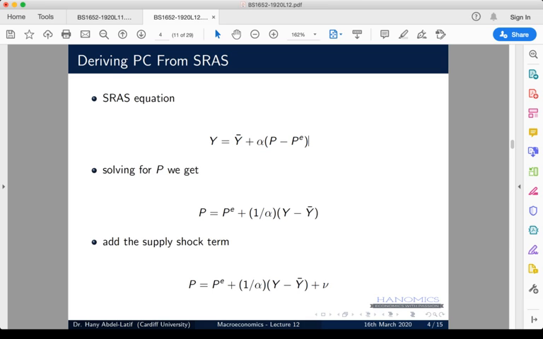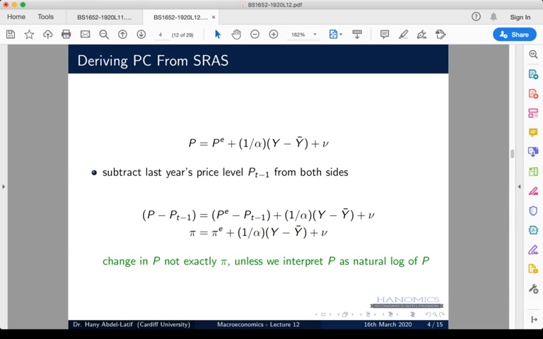and then you introduce the supply shock term, and then you can subtract the last year's prices from both sides. That will give you the inflation, and we explained why that is the inflation if these prices are expressed in their log form.